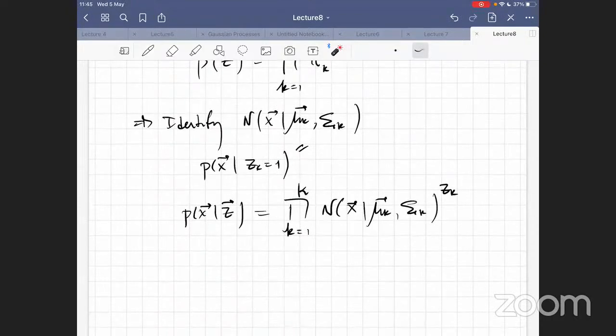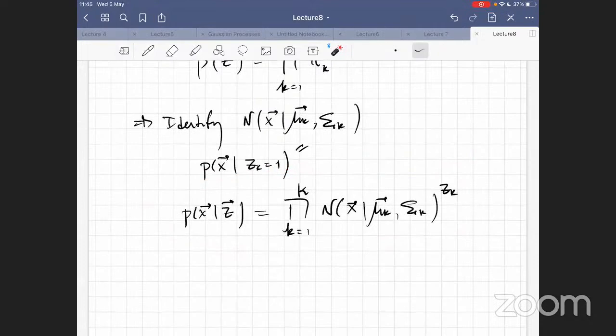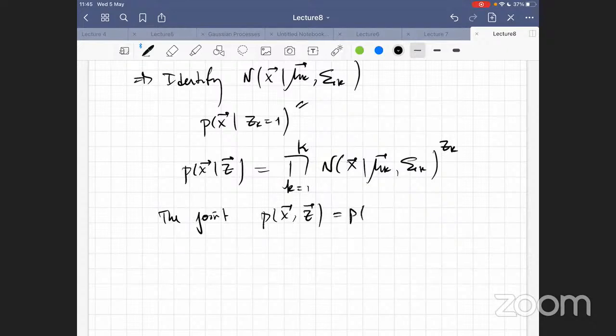So by introducing this latent variable, I am now identifying the elements of my original model, how they relate to these latent variables, and in particular, I am able to write the conditional distribution of my data given these latent variables. So then I have a way to write the joint distribution of both observed and latent variables, which can be written like this.